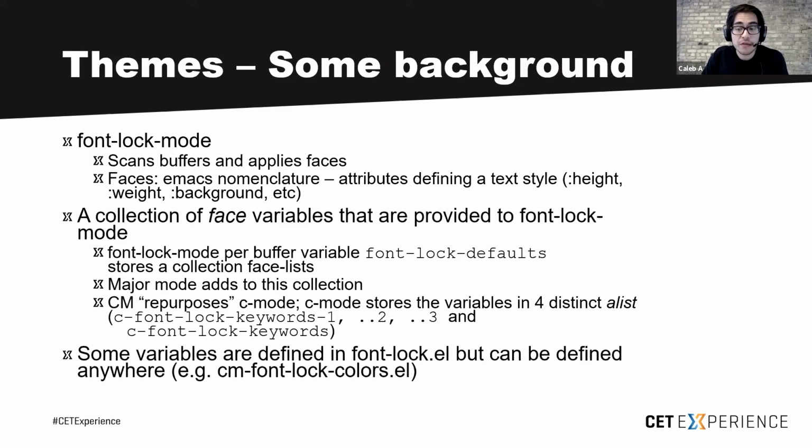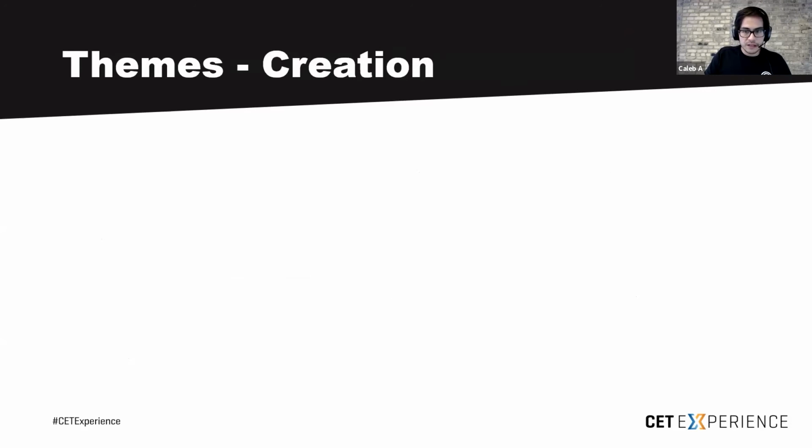Because if they don't apply a theme that overrides the custom pattern face set up by CM, then there's really going to be a mixture of faces, and the theme isn't going to look exactly how they want it or how they saw it on the internet. So most of the CM default colors can be found in this file here. This is in base Emacs CM font lock colors EL.